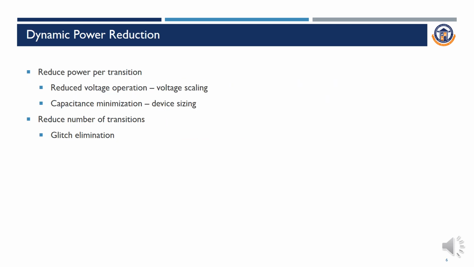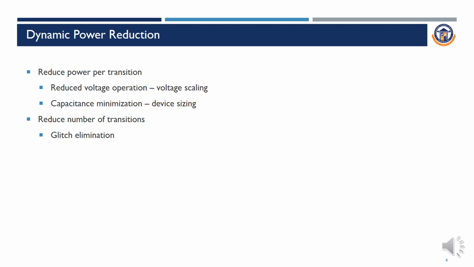The next one is how we are going to reduce the dynamic power. We know that dynamic power dissipation occurs due to the signal transition and the short circuit power dissipation. To reduce the signal transition power, we use reduced voltage operation with voltage scaling, capacitance minimization, and device sizing.